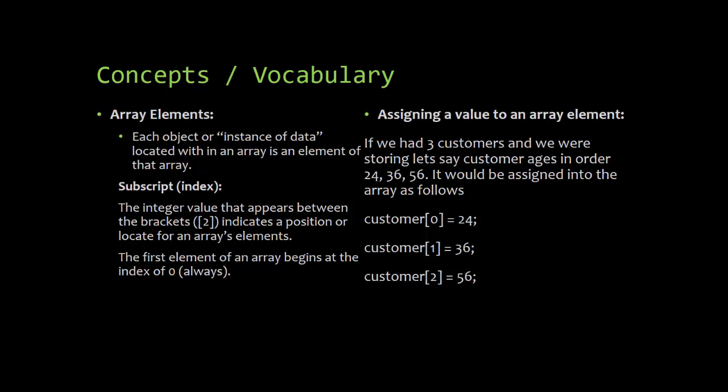So we have to say the name of the array, in this case customer, then we use the brackets, and inside the brackets we say what index or what subscript we're referring to. We're talking about index 0, and then that element is equal to 24. And then the index of 1, the element equals 36.